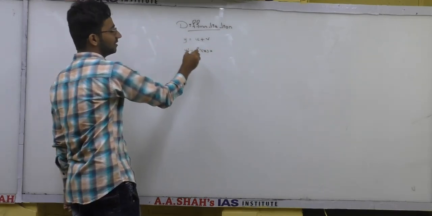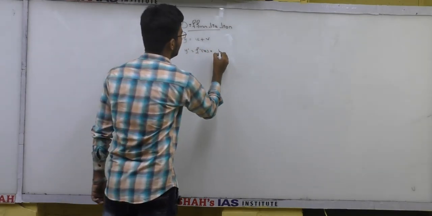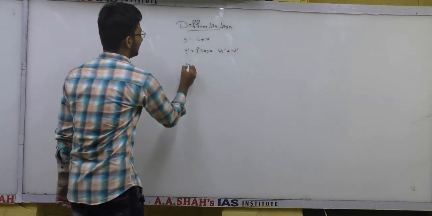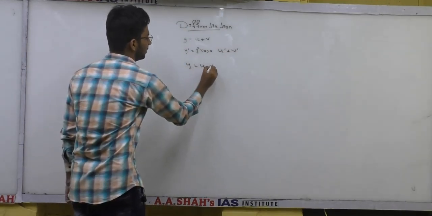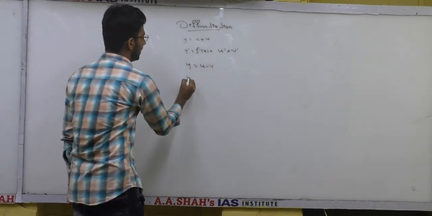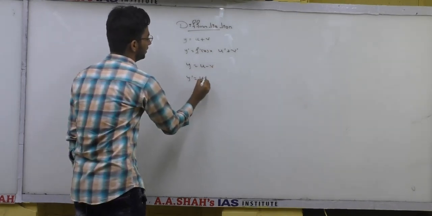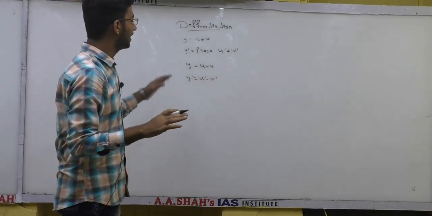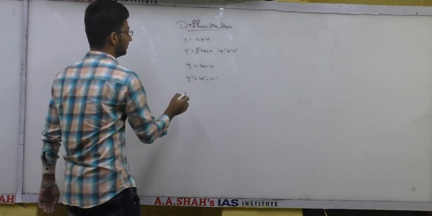So y dash, which is f dash of x, will be U dash plus V dash. Now if we have a difference like y equal to U minus V, then y dash will be equal to U dash minus V dash. This was fine with addition and subtraction, but now we have something different.